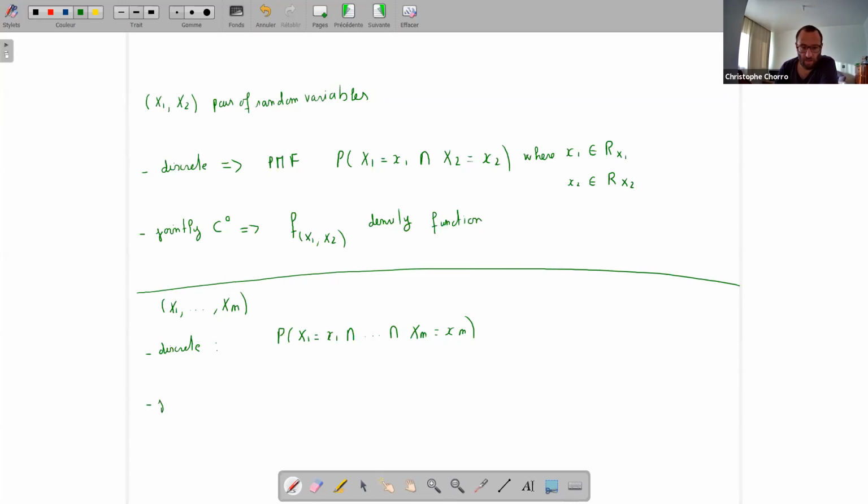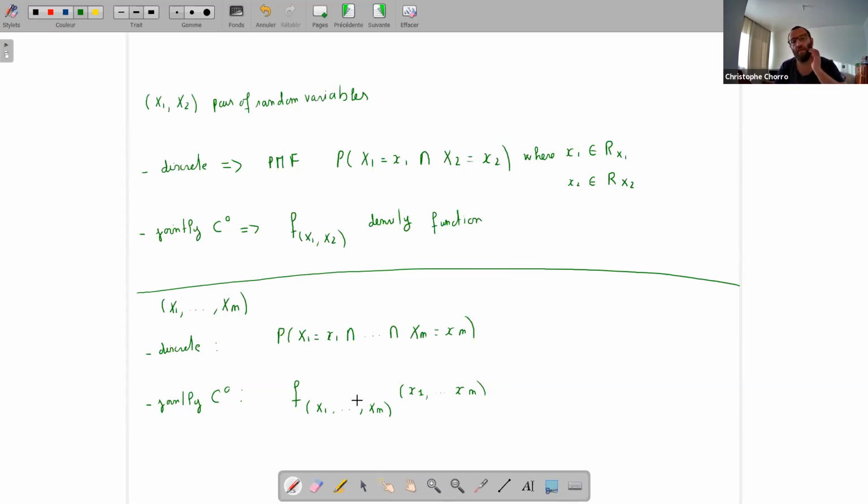Exactly in the same way, in the jointly continuous case, I can define the joint density function that will also depend on n variables. Okay. So here, what is a little bit more complicated is that, for example, to check that this one is a density, I have to compute a multiple integral because I have n components, so I have to compute the integral with respect to all these variables here.